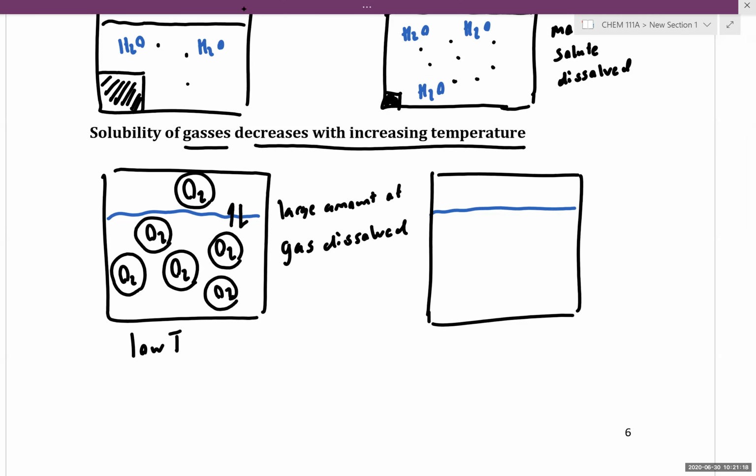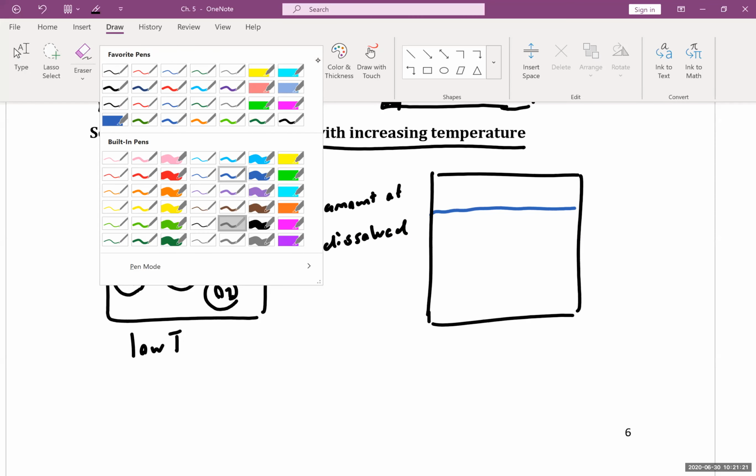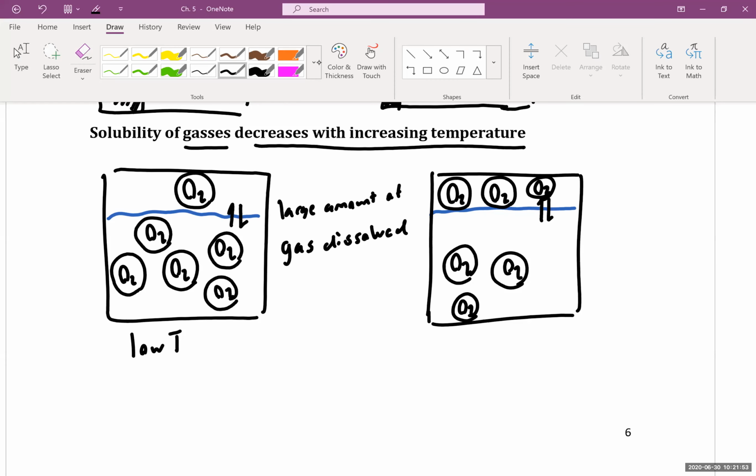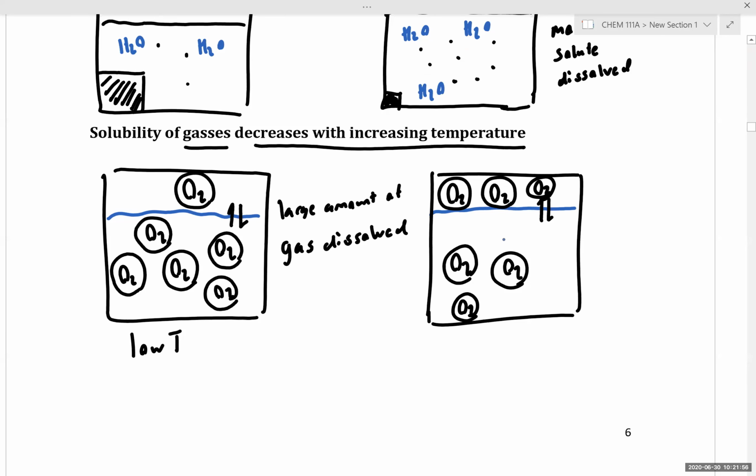The explanation behind this phenomenon requires a little more information from our chapter on thermochemistry, and a bit of a discussion on entropy in order to fully understand why it occurs. The best way that I like to think about it is that at higher temperatures, it's more favorable for your gas molecules to be present outside of solution, in the relatively disordered gas phase.